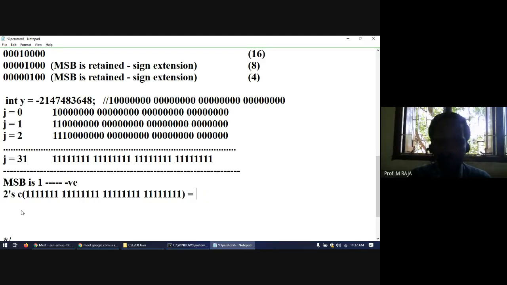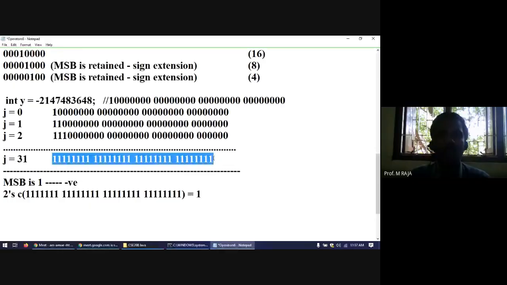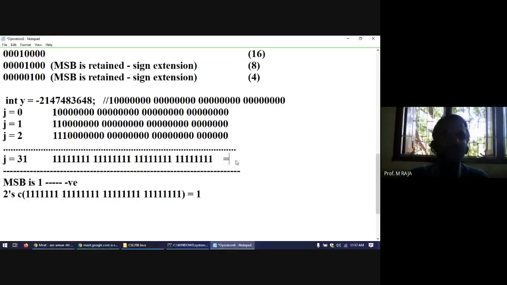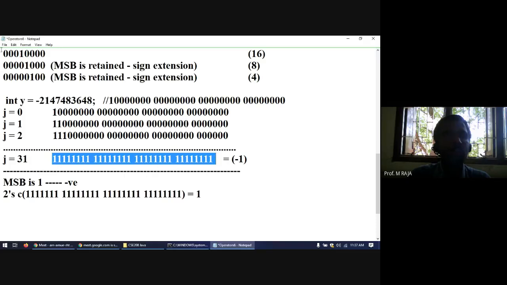Simply I write it in decimal format, this will be 1, then minus 1. So the value equivalent for all 32 bits 1 is equal to minus 1. So during the 31st bitwise right shift operation, surprisingly all 32 bits are set to 1 and we have a value minus 1.